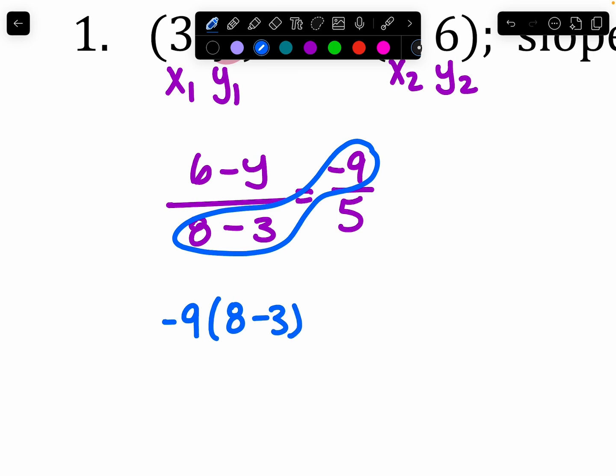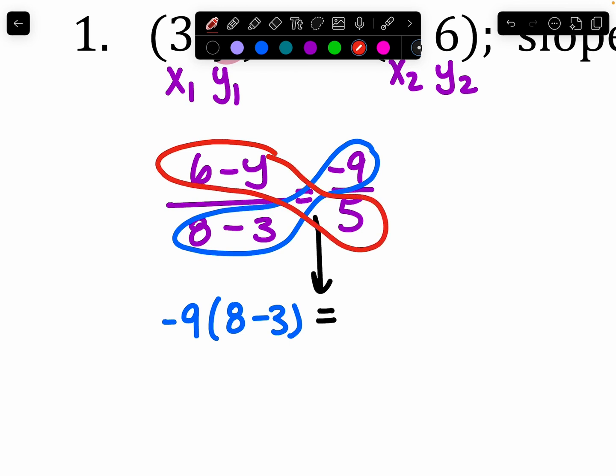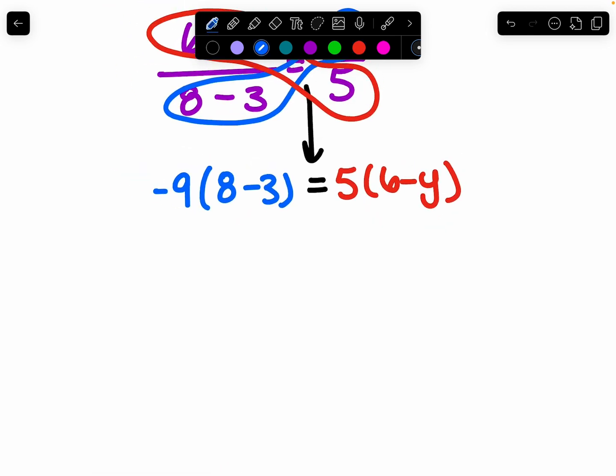So this will be -9 times 8 minus 3. We drop down our equal sign and then multiply the other direction. So we have 5 times 6 minus y. My fractions get split: the numerator of one goes with the denominator of the other, and vice versa. You have to drop down the equal sign.